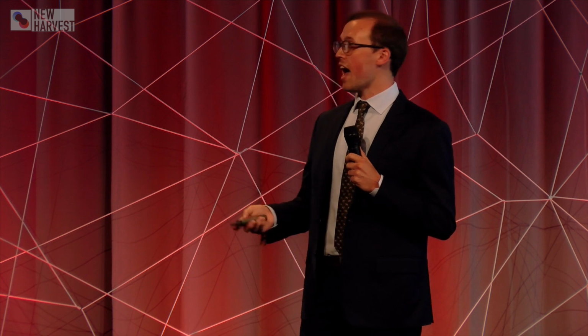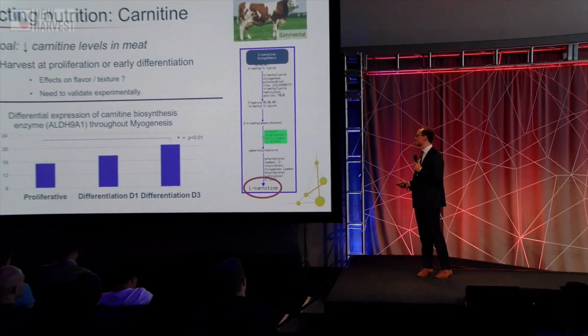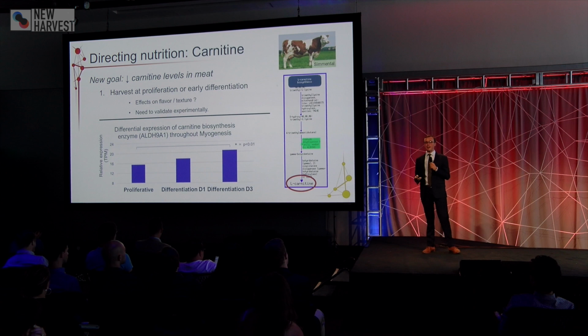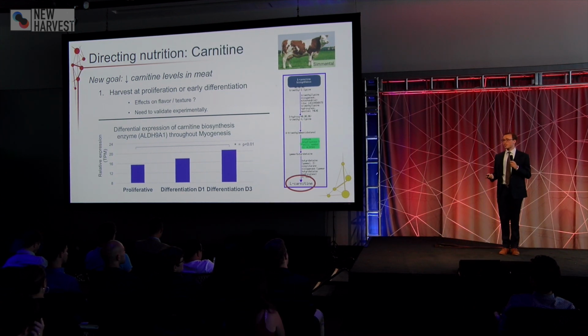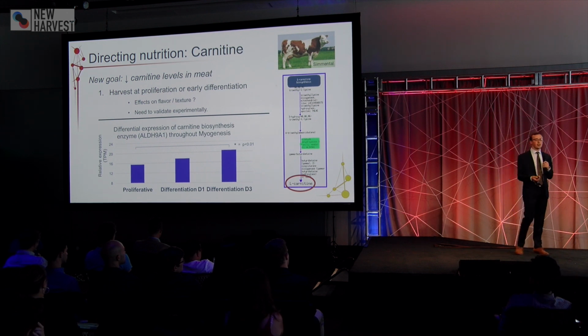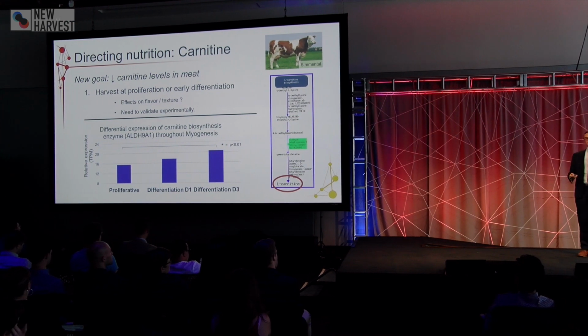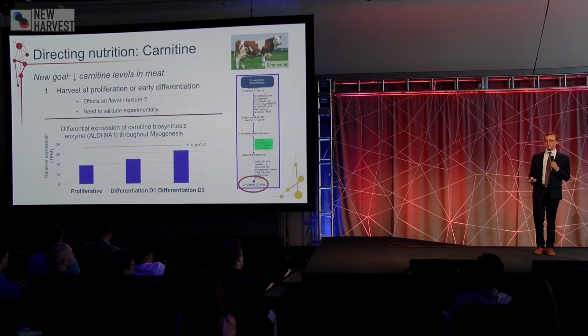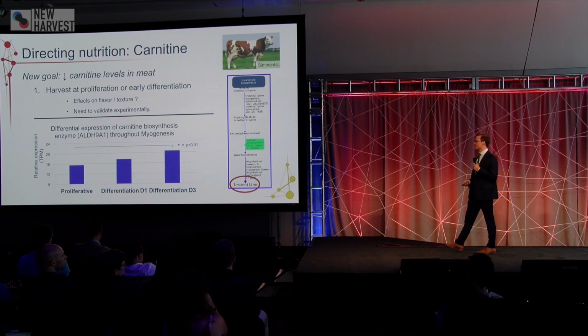We can see that as with saturated fatty acids, synthesis of carnitine and the expression of the genes involved in carnitine synthesis increases the further we move down the myogenic lineage. So again, we might want to think about harvesting early on in the process of differentiation, or maybe even during proliferation, to target this metabolite. Obviously, again, we need to consider those same potential negative implications. But I think it's another promising option provided by this data set.